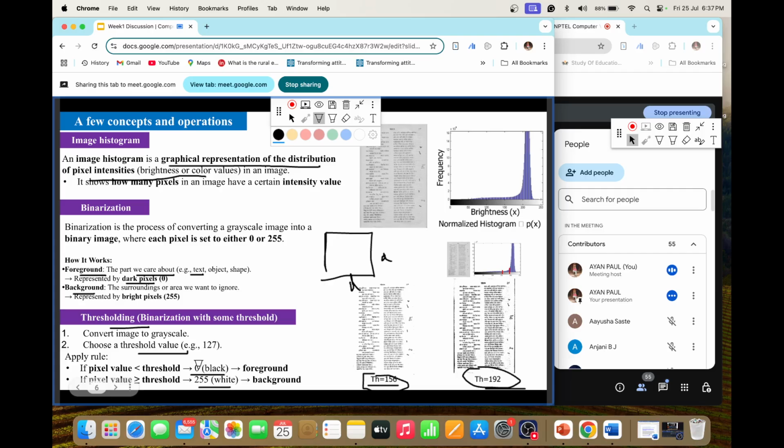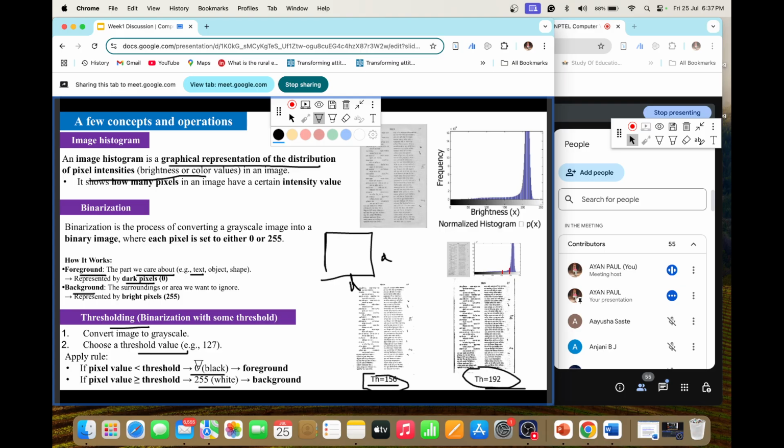That means we will blacken them. The pixel values greater than or equal to 156, we will brighten, rounding them off to 255 or white. So that is the background.